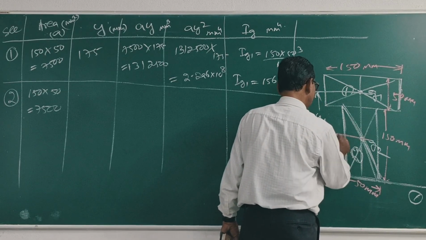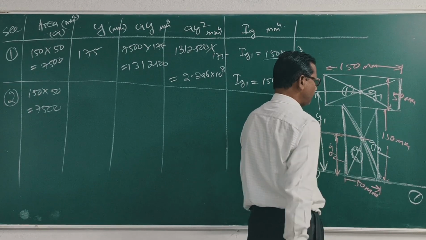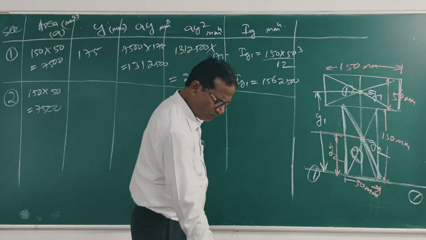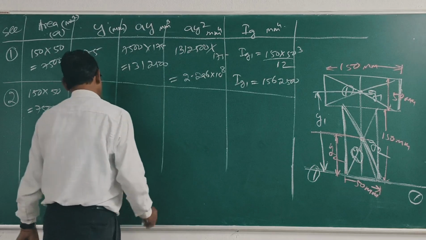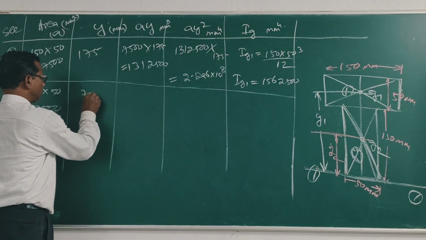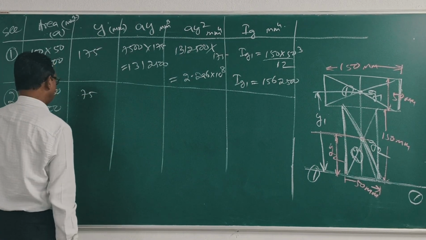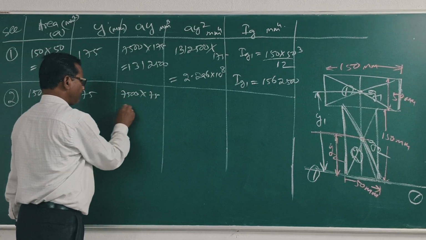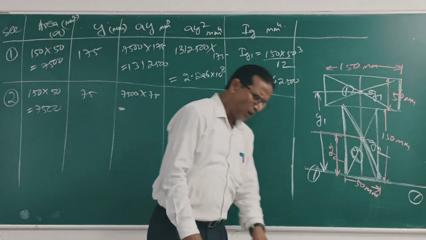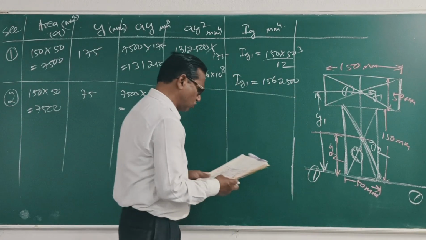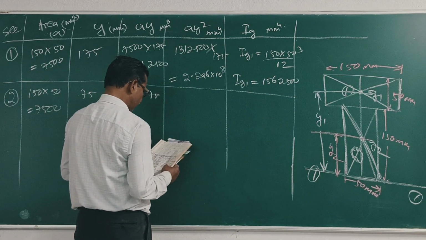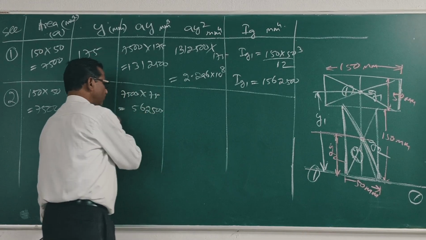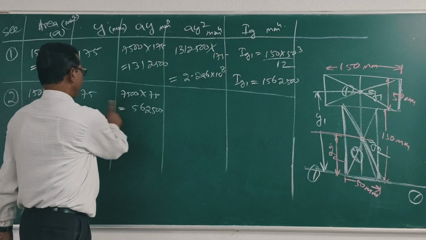What is Y2 equal to? Y2 is equal to 75. Ay is 7500 into 75, which is 562500.